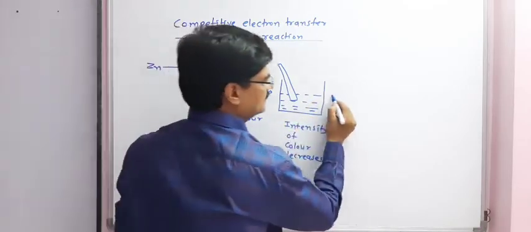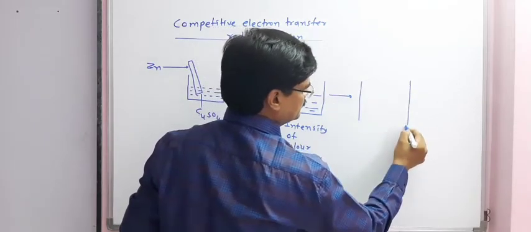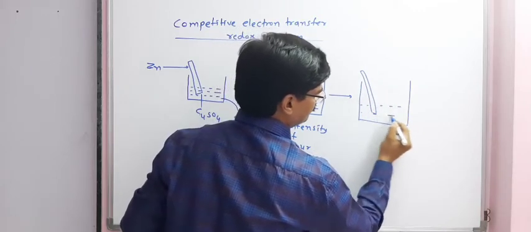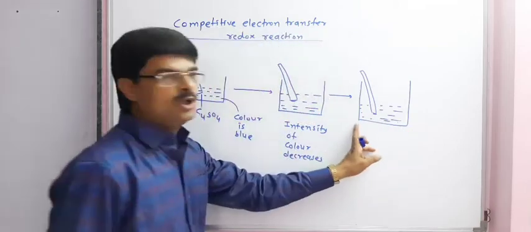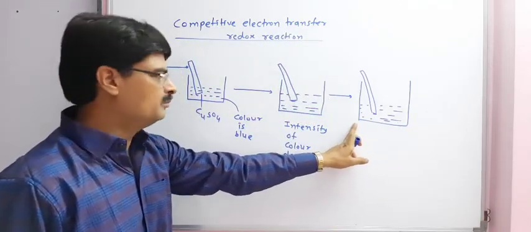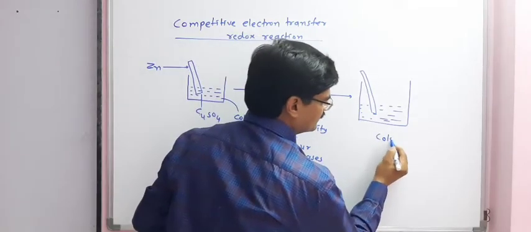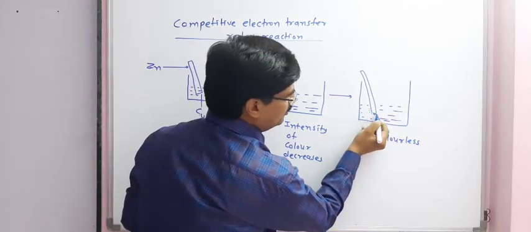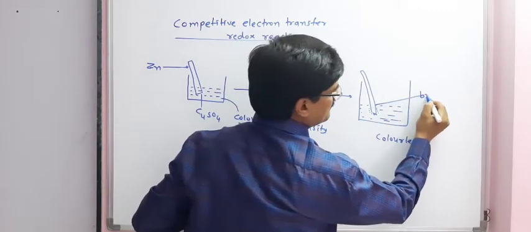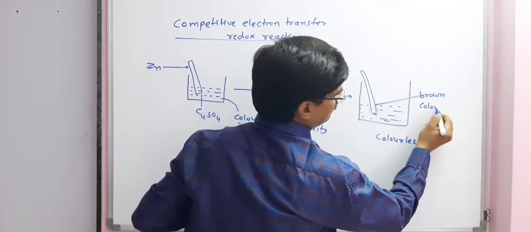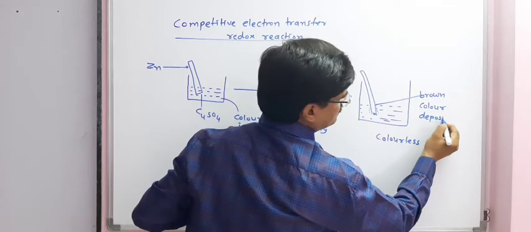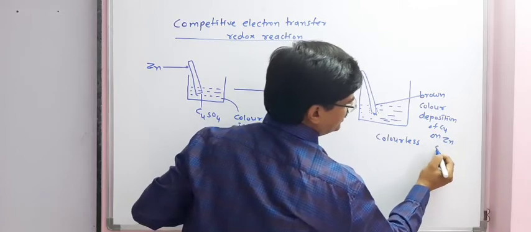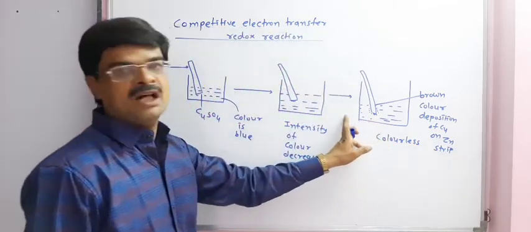And finally, we will see that the solution will lose all its color, meaning it will become colorless. And brown color deposition of copper on the zinc strip will be shown ultimately.